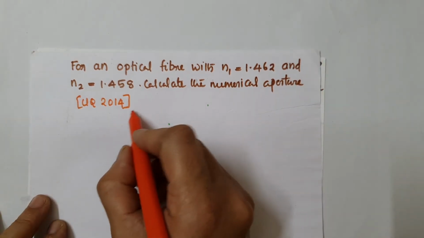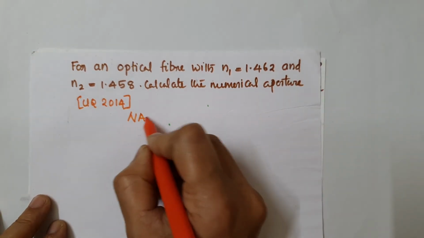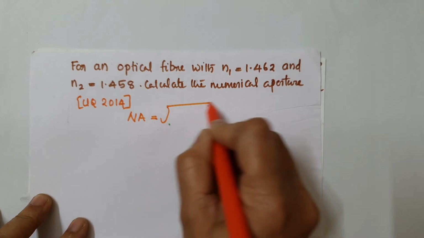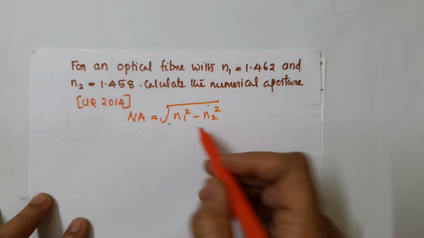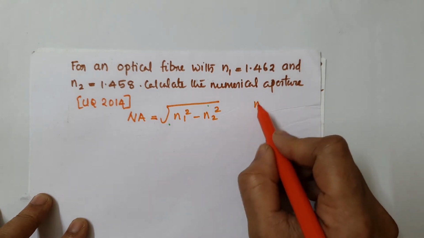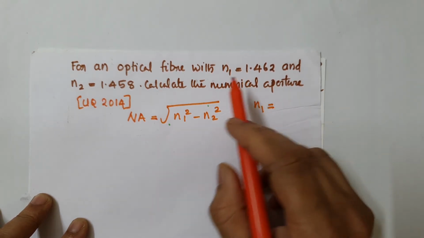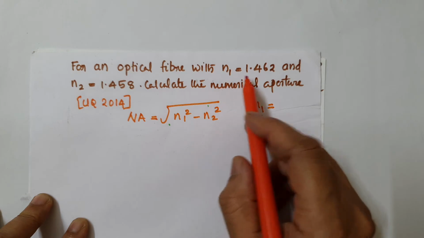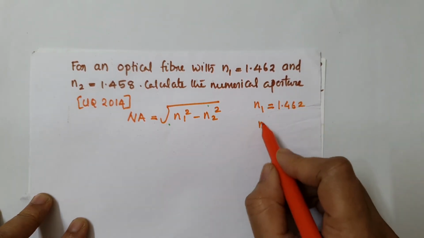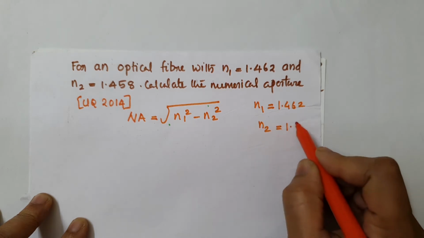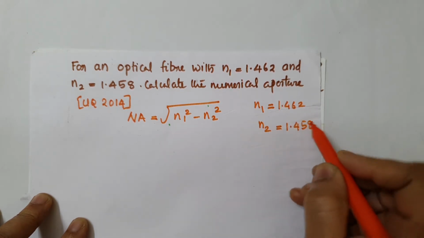The numerical aperture NA is equal to root of N1 square minus N2 square, where N1 is the refractive index of the core region. In this problem, it is given as 1.462 and N2, that of the cladding region, is 1.458.